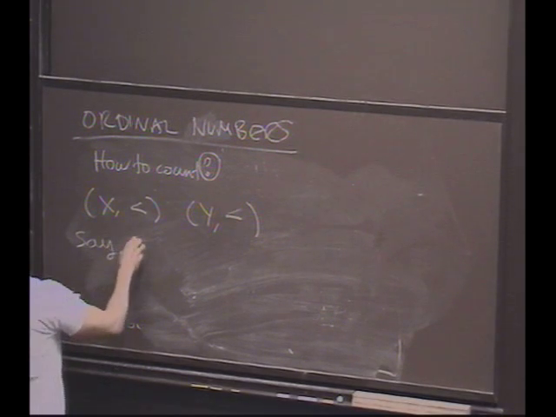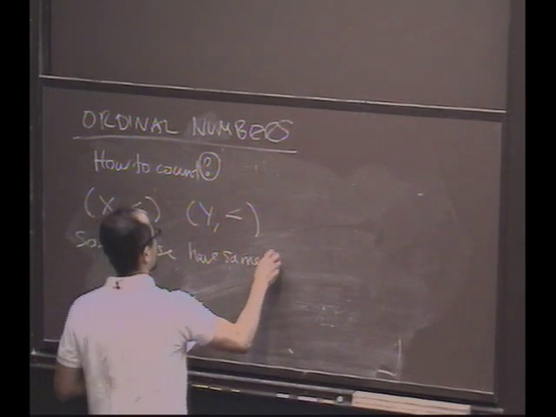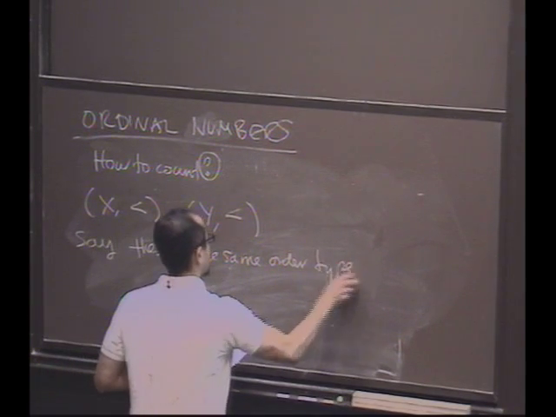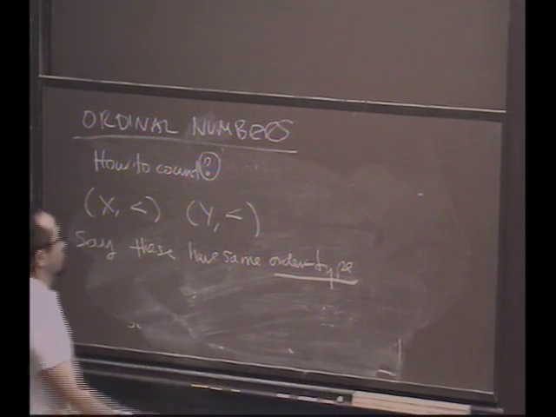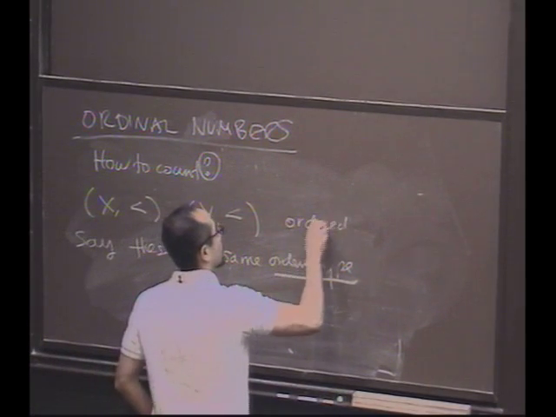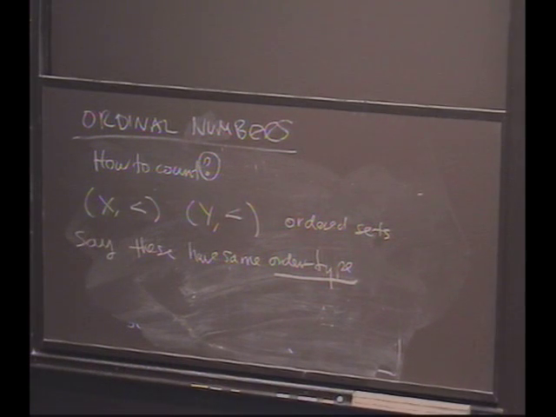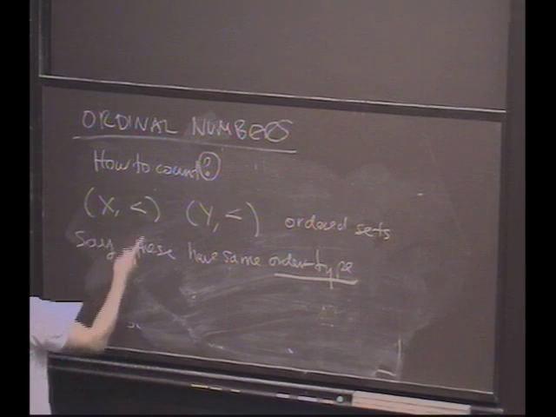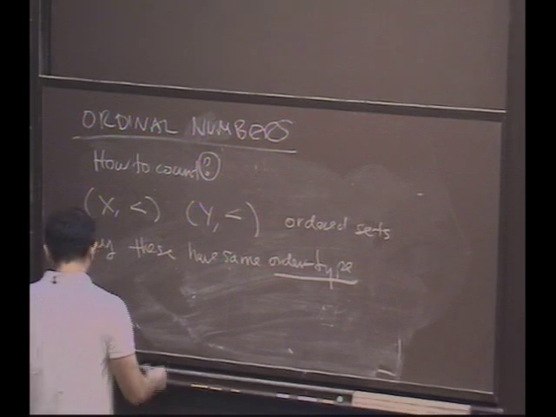I'm going to say that these two things have the same order type if, take a wild guess, these are ordered sets. We'll say they have the same order type if there is a bijection between X and Y that preserves something, the order, okay? So most of the functions in math are interesting because they preserve something, right? In this case, preserving order.